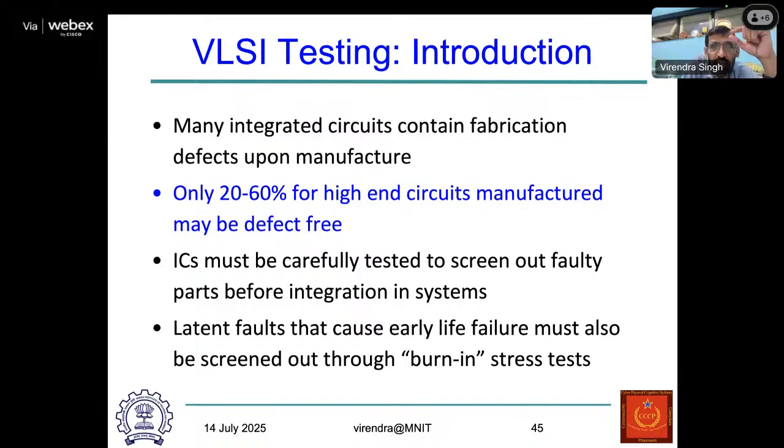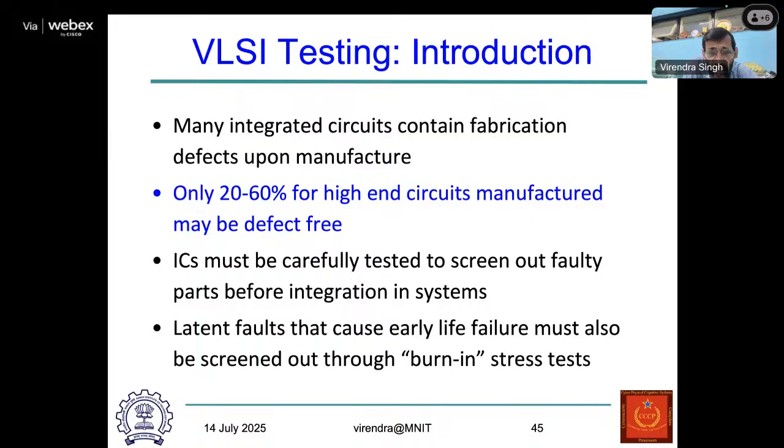Somewhere the line is thin, somewhere it is thick, and when it is thin and a large current flows through it, it will heat more, and after a while the metal may evaporate and you may get an open. Those parts are not faulty today, but they may fail in the system when it operates, maybe after 3 months or 6 months or 1 year. So you also want to weed out those kinds of parts, which should not be shipped to the customer because they are likely to fail in the near future.